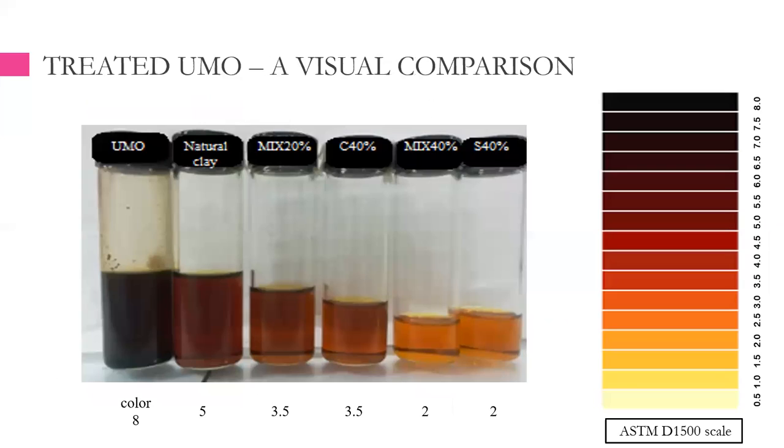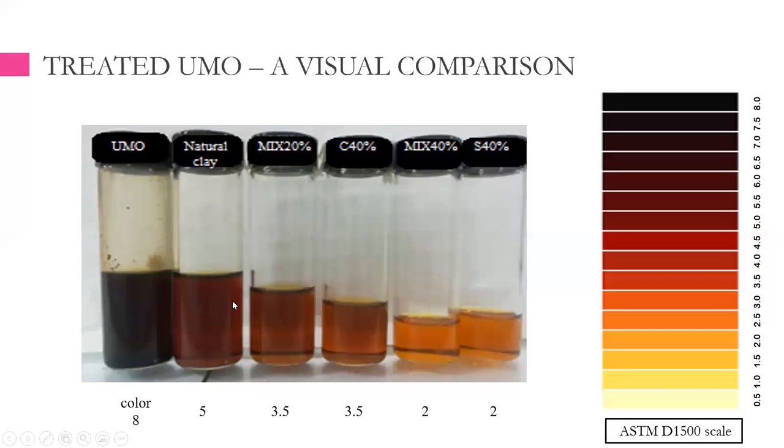The processes can be evaluated, first of all, from the visual point of view. As you can observe, the used motor oil was very dark here. But when you treated this used motor oil using the natural clay or the activated clays, there is a change in color.